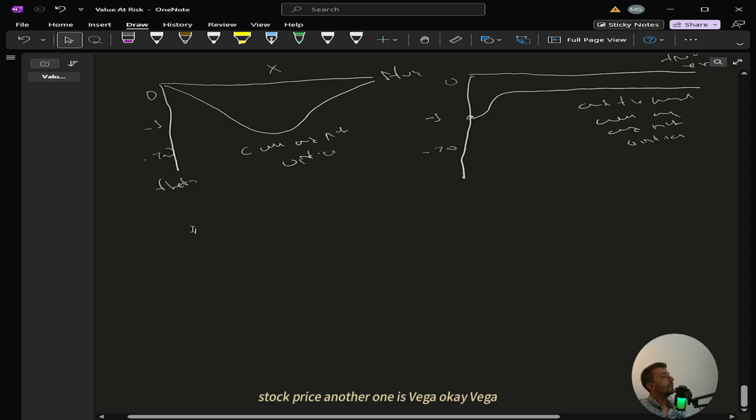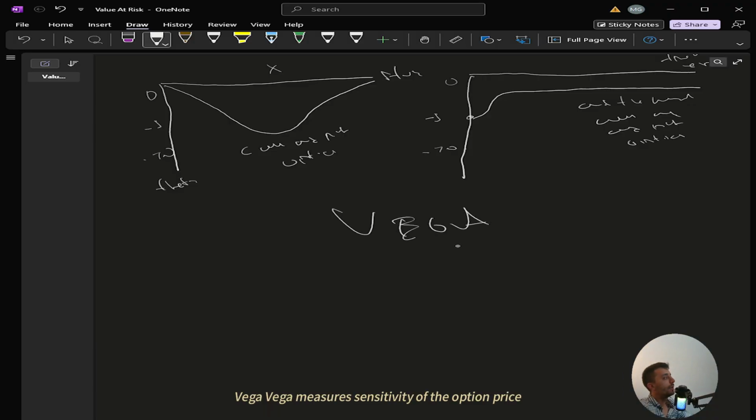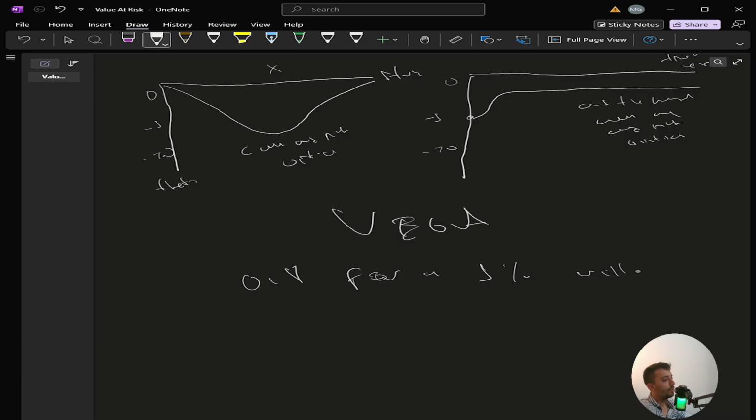Another one is Vega. Vega measures the sensitivity of the option price to a change in the volatility of the underlying stock. For example, a Vega of 0.08 indicates that for a 1 percentage increase in volatility, the option price will increase 8 percentage.